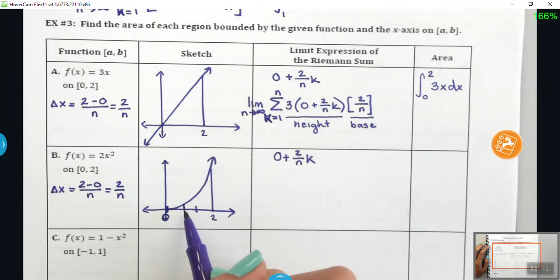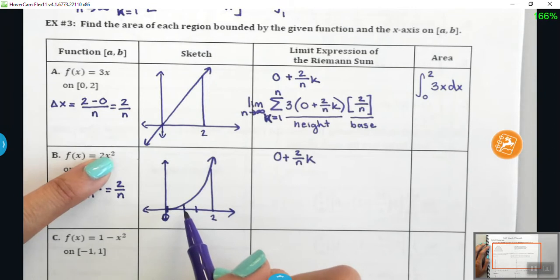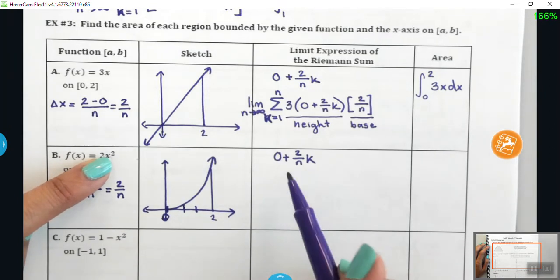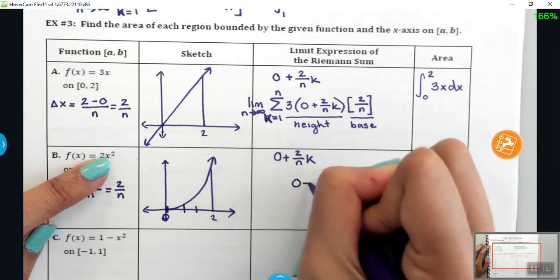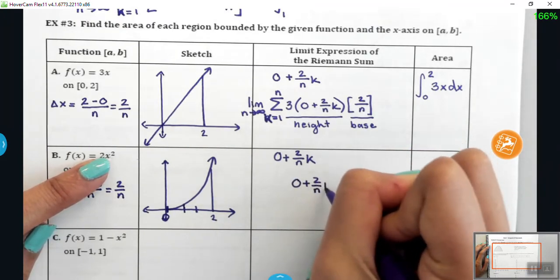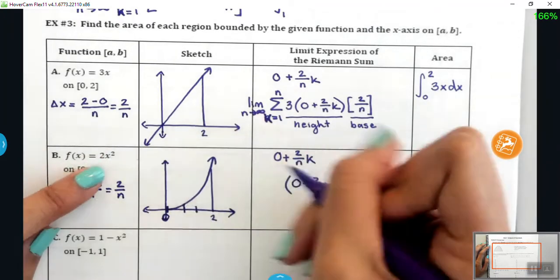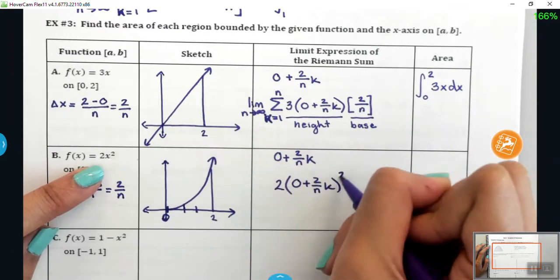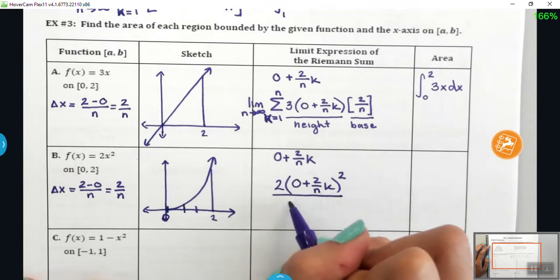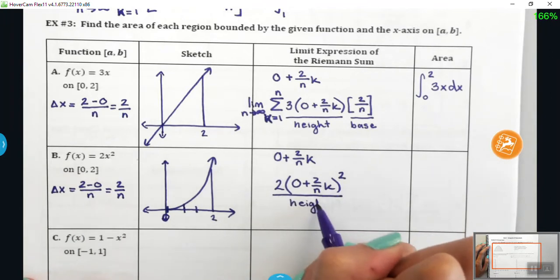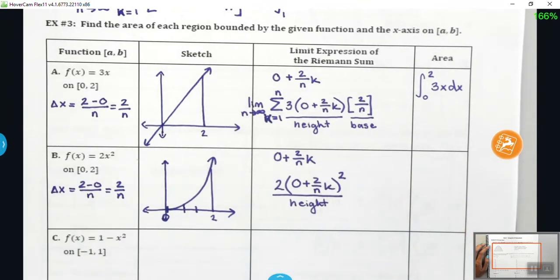I would plug 1 into this, right? To find the height. So this is the same thing for this. I would plug 0 plus 2 over n k into my f of x equation. Okay, so that's the height of my rectangles. Are you with me there?